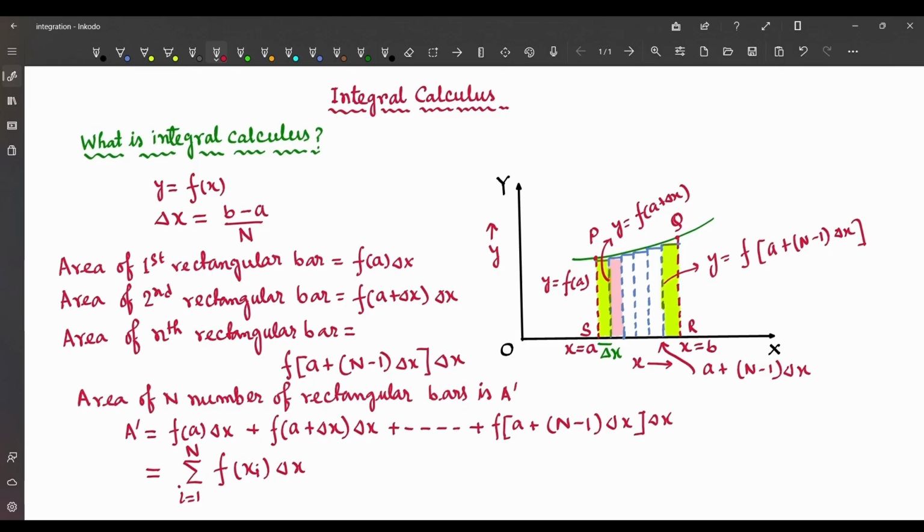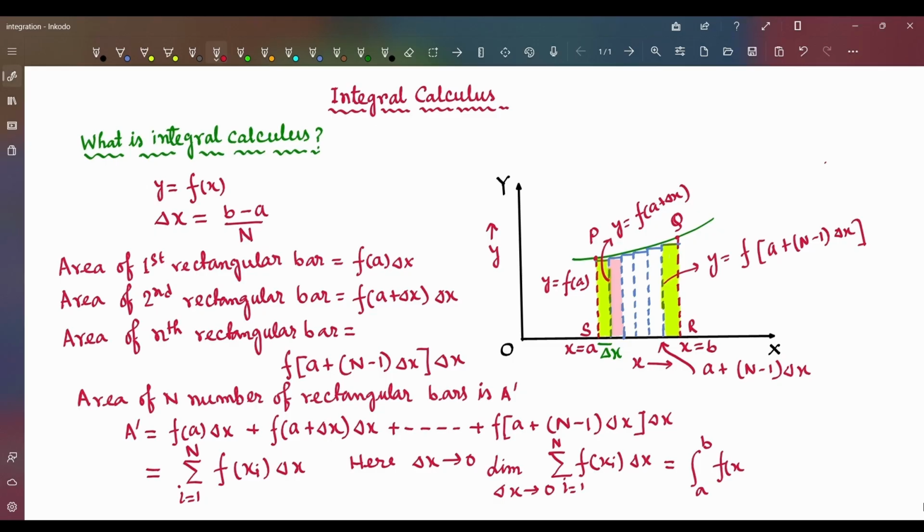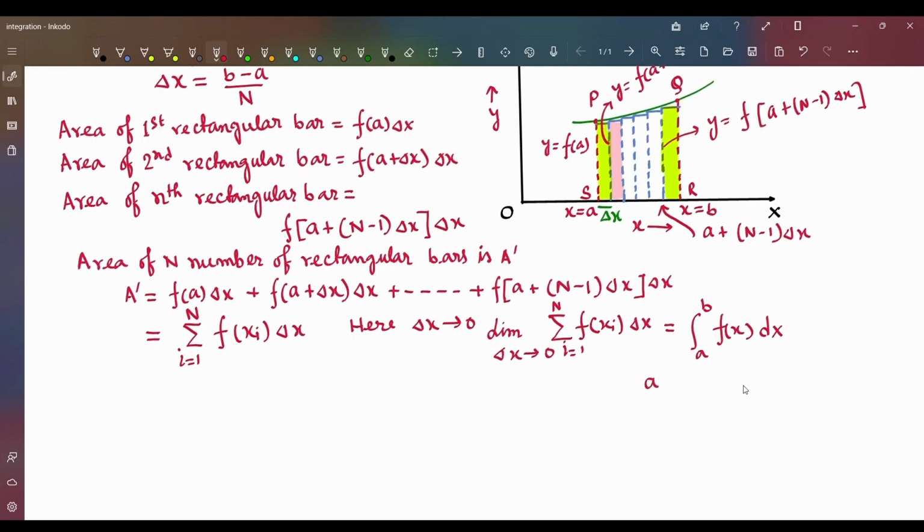Then we can write the area of PQRS as the limit del x tends to 0 of the summation of f(xi) del x, i from 1 to n. This is equal to the integration from a to b of f(x) dx, where a is the lower limit and b is the upper limit of integration.